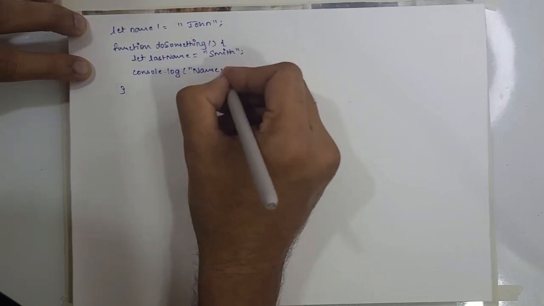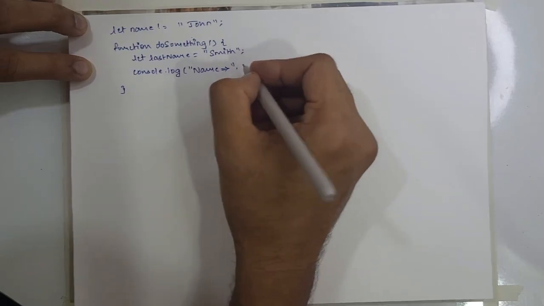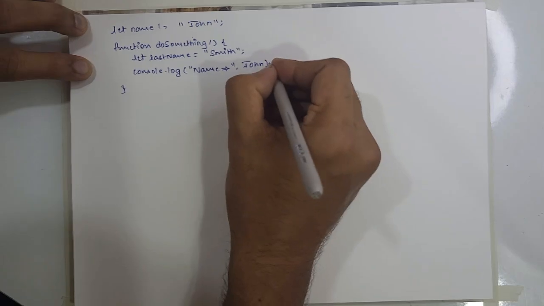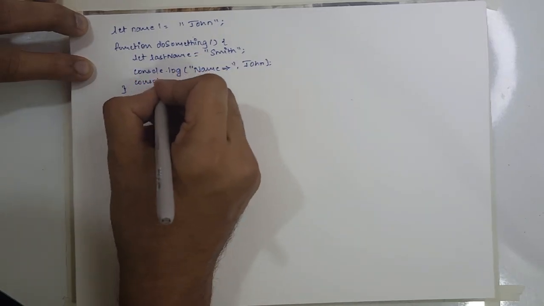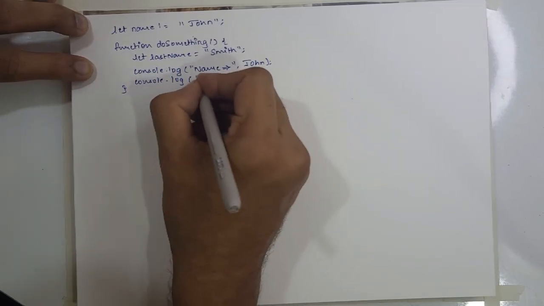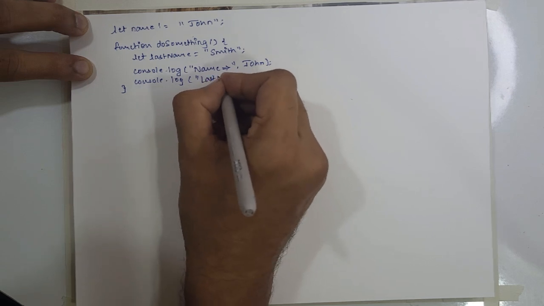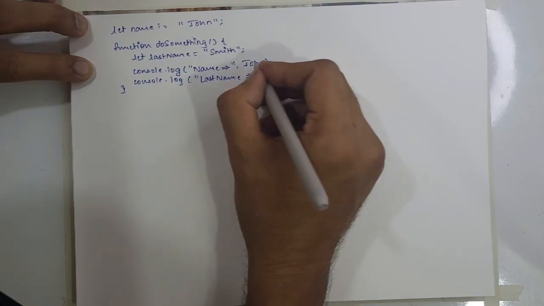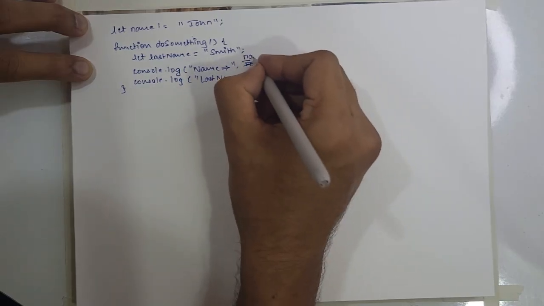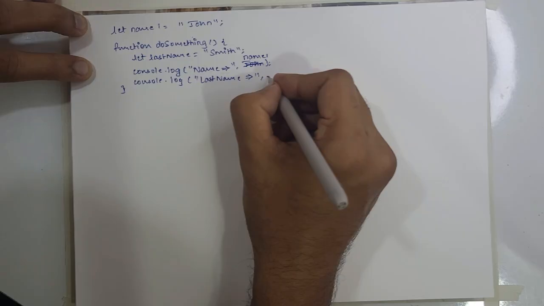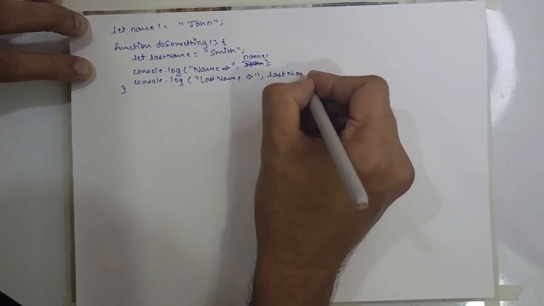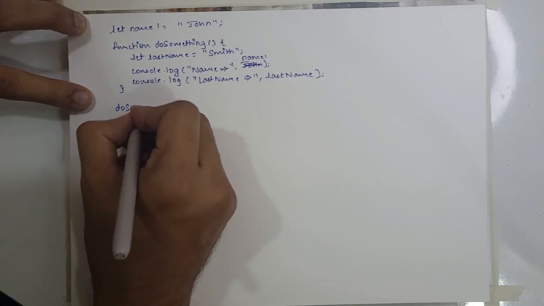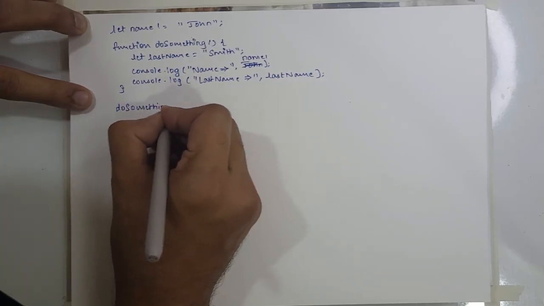I'm printing something on the UI now. This is John, console.log, last name. Oh sorry, not John, this will be referenced by name1, and this is last name, and here I am calling this function do something.